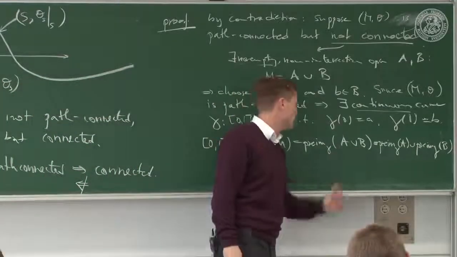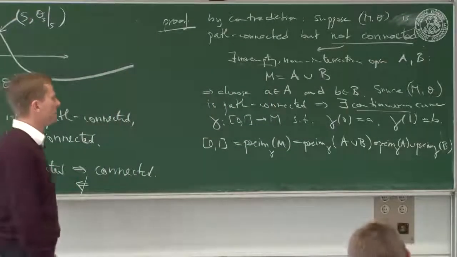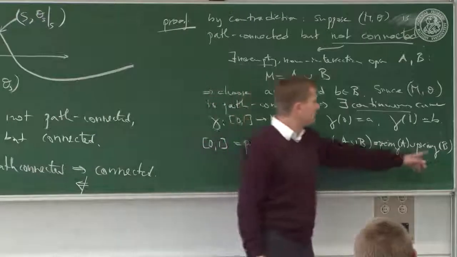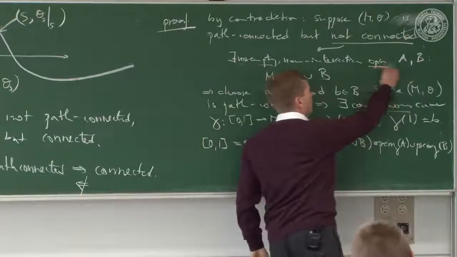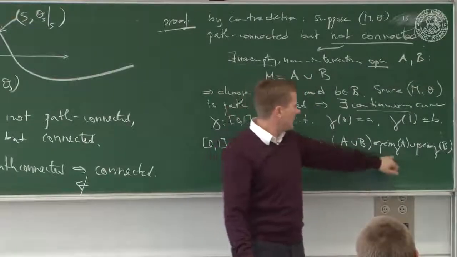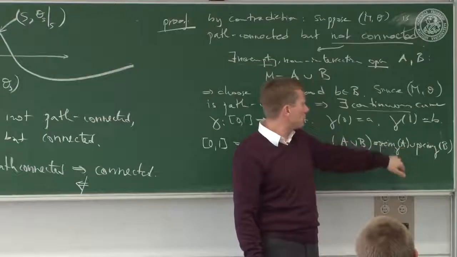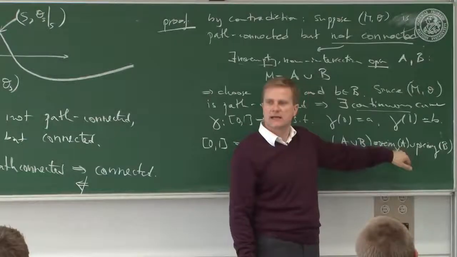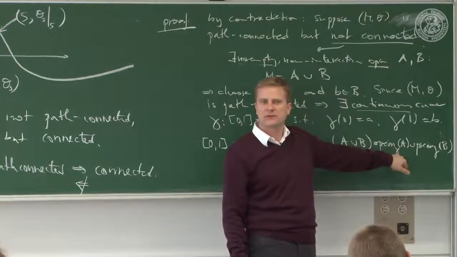Now A and B were non-empty, non-intersecting, and open. Gamma is continuous and A is open. What do we know about the pre-image of an open set under a continuous map? The pre-images of open sets are open.